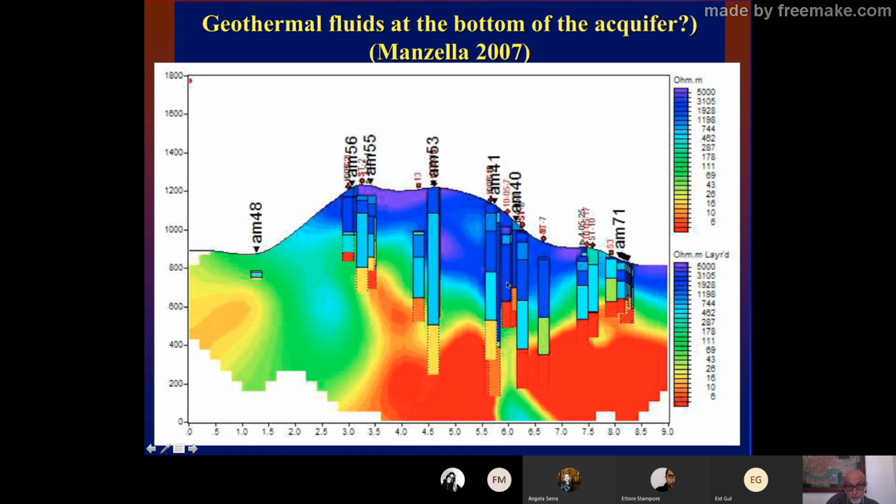Now, what is interesting is that where you have that minimum, you have all dry rocks all the way until you find geothermal fluids, very highly conductive fluids. To the right here, because of faulting, you have very highly conductive fluids right below the freshwater aquifer. So you have these fluids right in contact with your surface water aquifer. And this is how you get pollution.